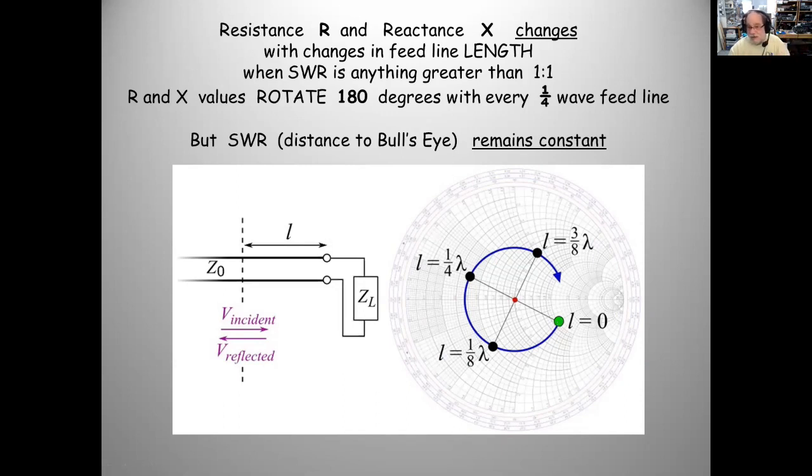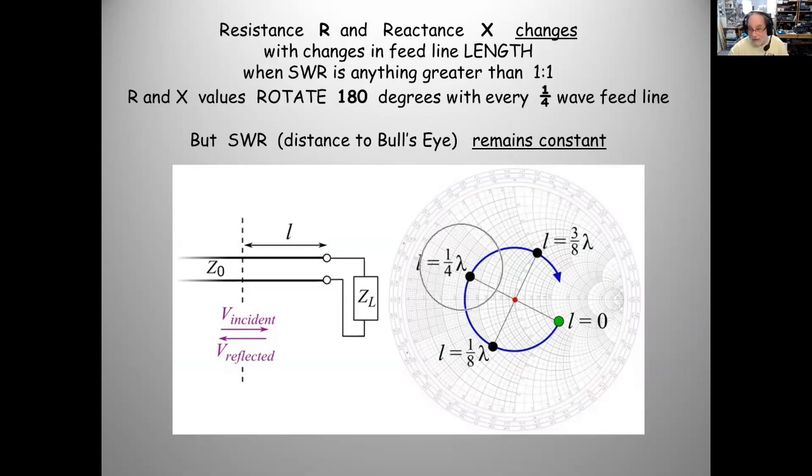I don't care which we do, but in this case, what if I add 1/8 of a wavelength of whatever frequency I've got? At 1/8 of a wavelength, this impedance point would plot over here. It's rotating around. Now be careful. It's not getting any closer to the bullseye. It's just moving around the bullseye.